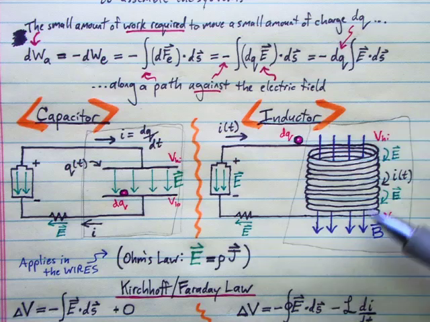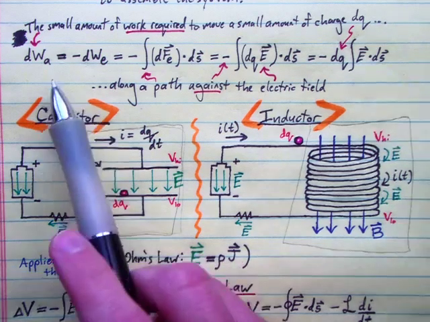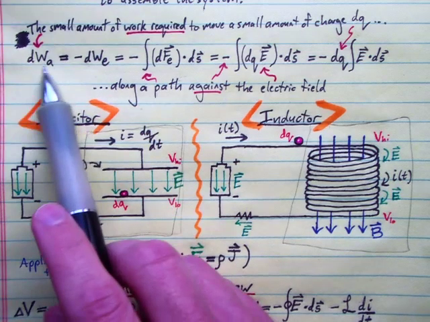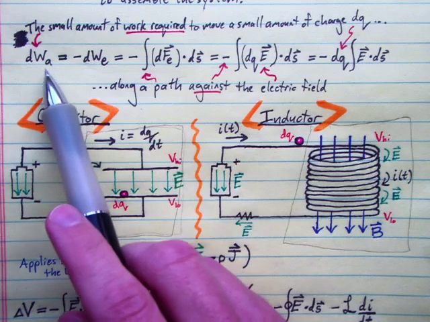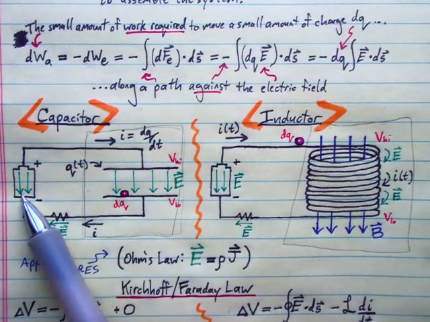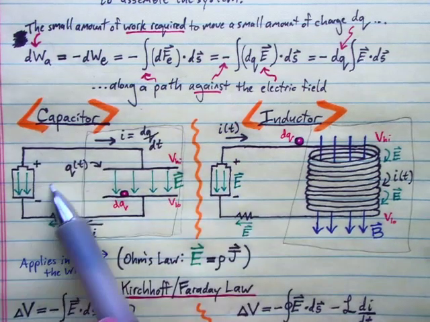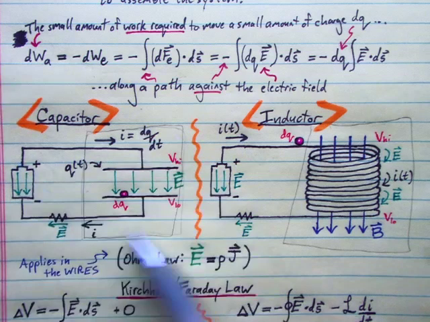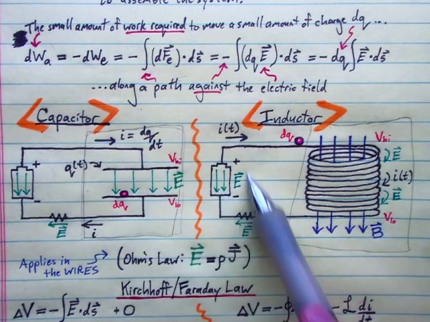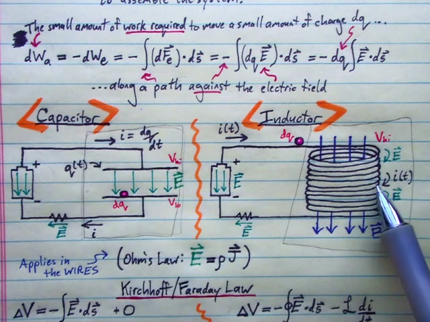So as we're talking about the work done on our system, that applied work here, the thing doing this applied work is going to be the battery and this battery. The battery is external to our system here, and work done by the battery is going to be adding energy to our system. And work done by this battery is going to be adding energy to our system.